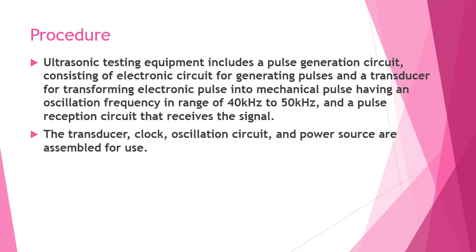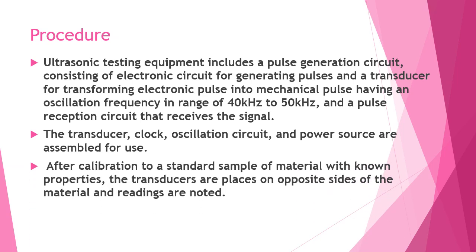The transducers, clock oscillation circuit and power sources are assembled for use. After calibration to a standard sample of a material with known properties, these transducers are placed on opposite sides of the material and readings are noted.